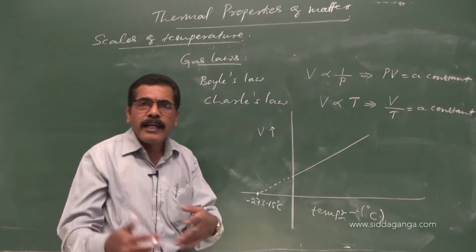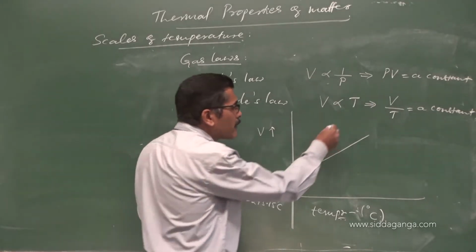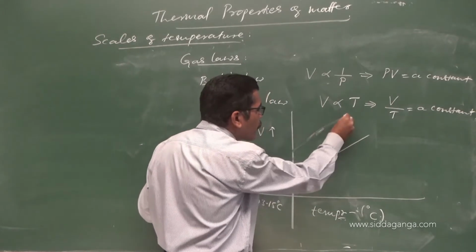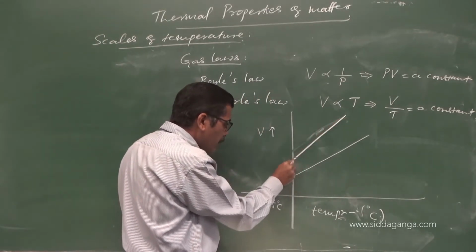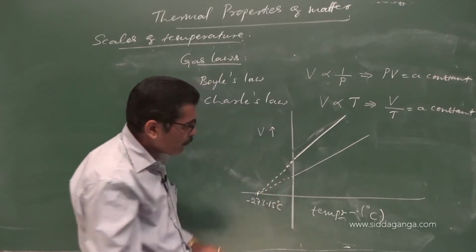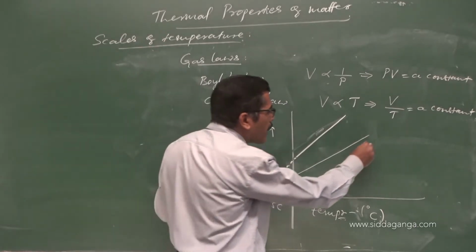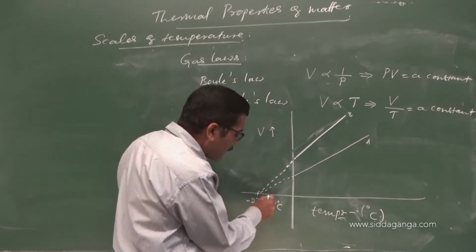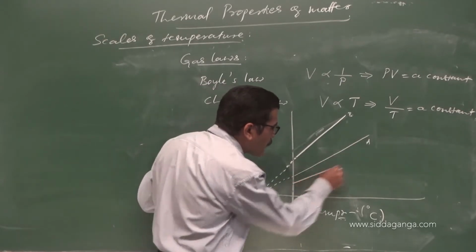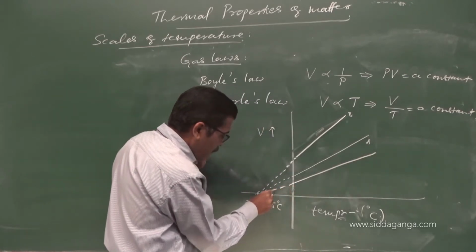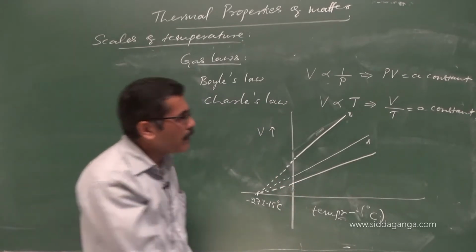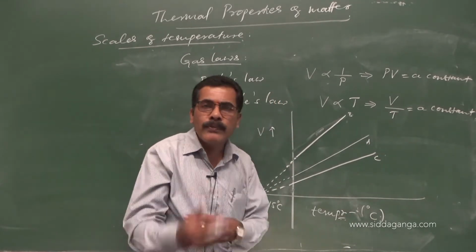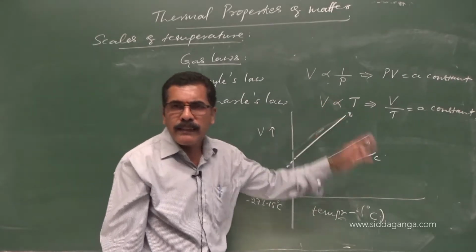Then scientists tried with other gases. This is for gas A and this is for gas B, and when some other gas, gas C, is taken, they take 1 mole of gases and conducted a series of experiments.